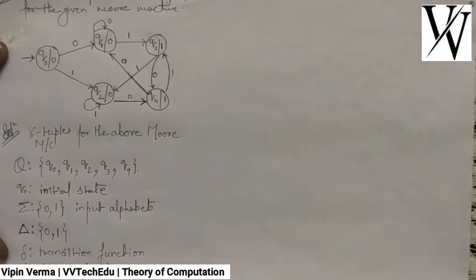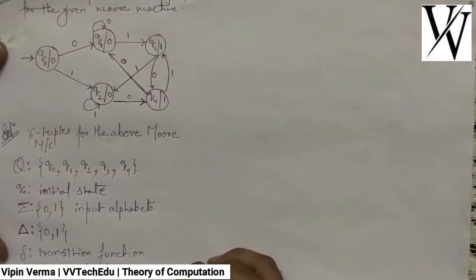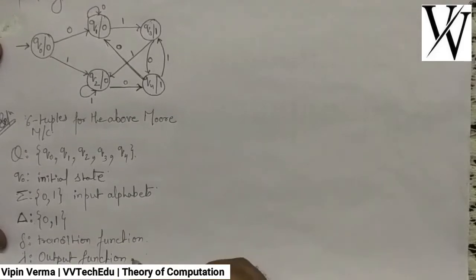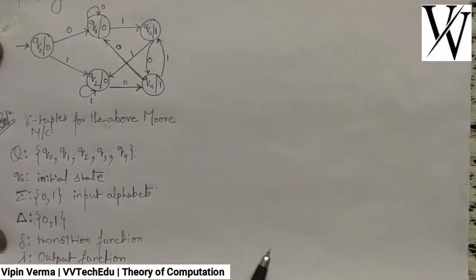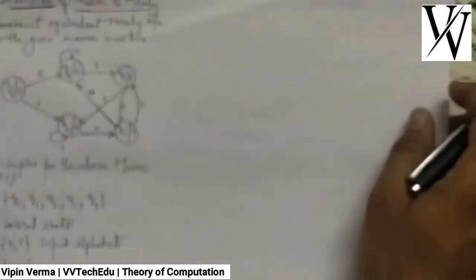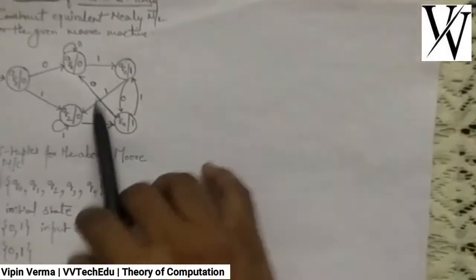We can specify these two tuples with the help of the transition table. So I'm drawing the transition table corresponding to the given machine.